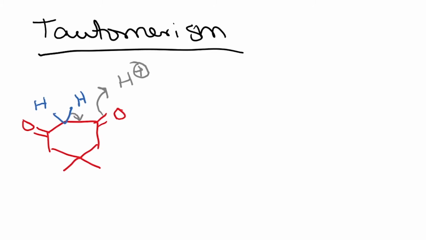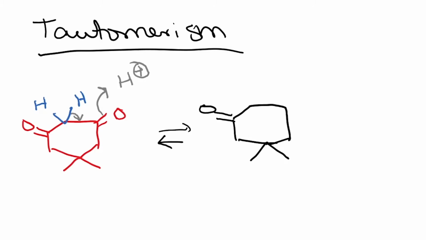If this happens, then you get a structure such as this, where the main skeleton of the molecule remains the same, the C double bond O also remains the same, but you have a new carbon-carbon double bond between these two carbons, and then you have an OH that is formed, which is the enol form.